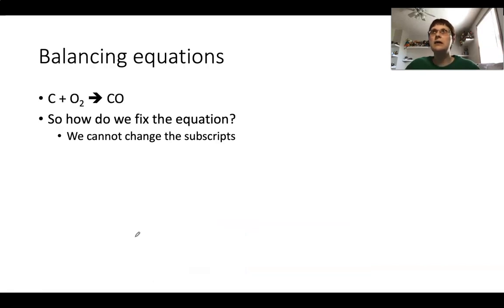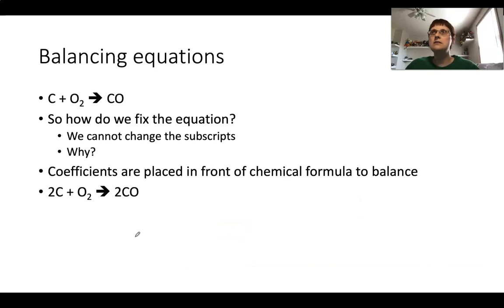So we bring back this. So how do we fix our equation up here? Well, we know we have 2 oxygens on this side. So to fix it, we put a coefficient of 2 in front of carbon monoxide, because now this is going to make 2 of everything that follows it. So it makes 2 oxygens, 2 carbons.